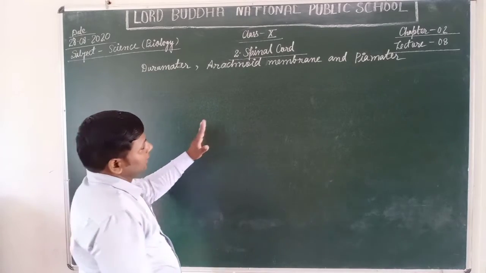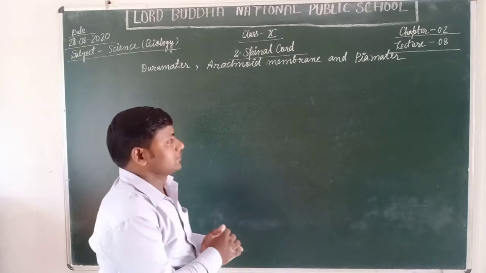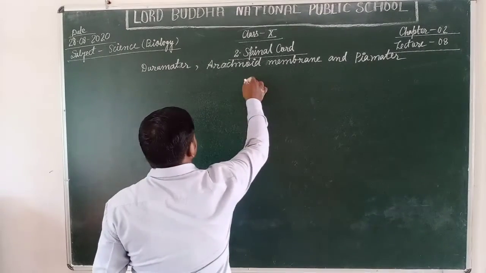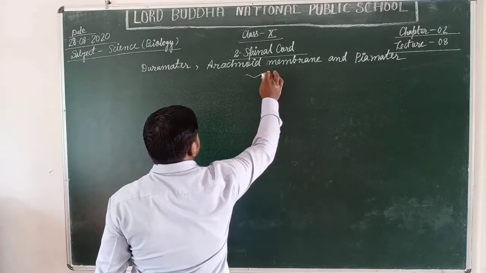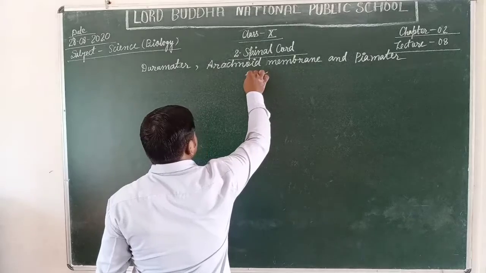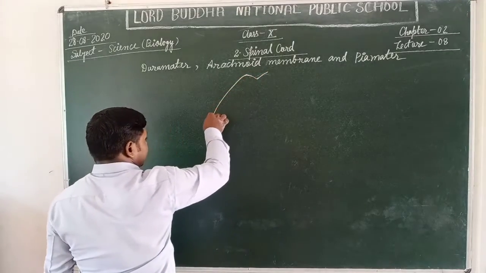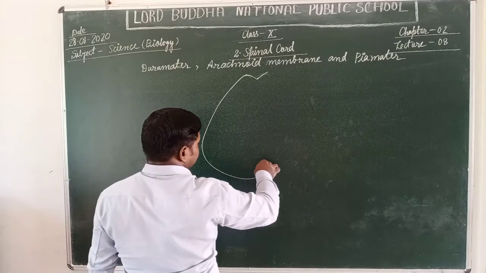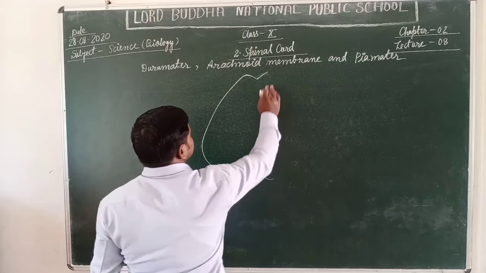Now at first we are going to describe the diagrammatic representation of the spinal cord. This is the outermost protective layer of the spinal cord, that is dura mater.